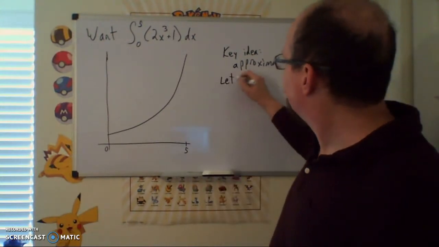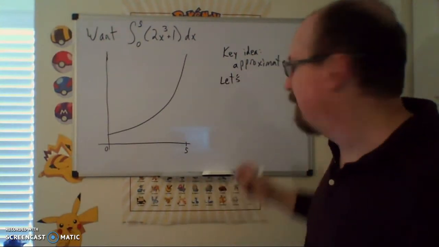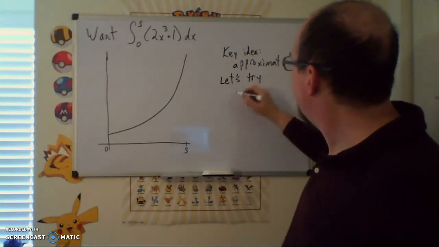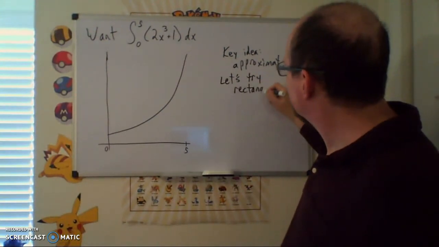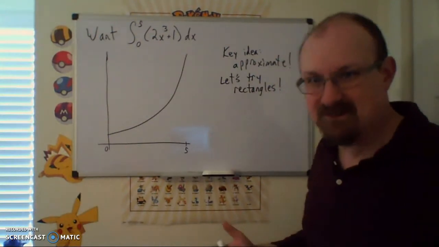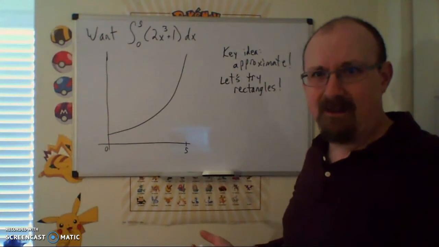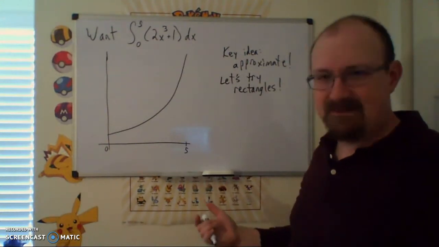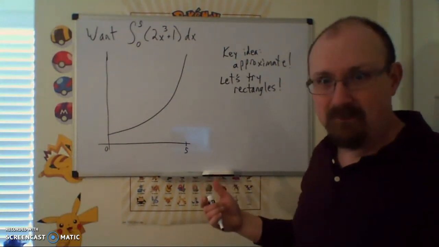So you could try working with different things. I'm going to propose, let's use some rectangles as our approximating shapes, because it's really easy to measure the area of a rectangle, right?